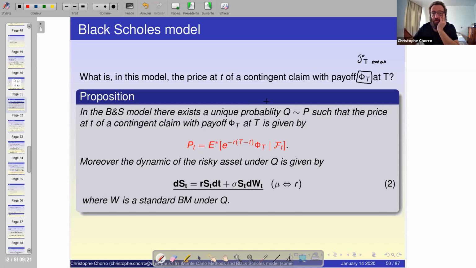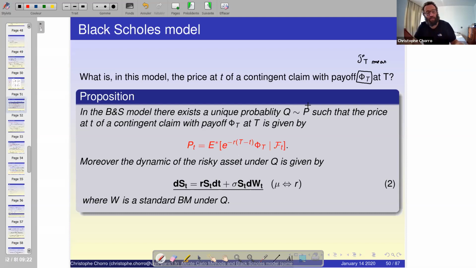I remind you of this proposition: in the Black-Scholes model, from the Girsanov theorem, there exists a unique equivalent martingale measure that will give us the price of all the contingent claims, because the market in this situation is complete. The completeness of the market comes from the martingale representation theorem.